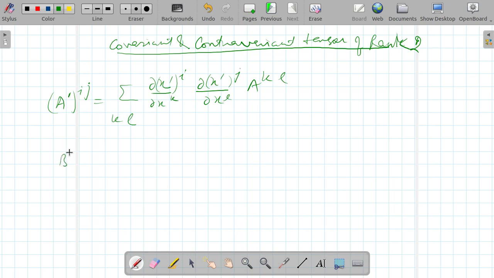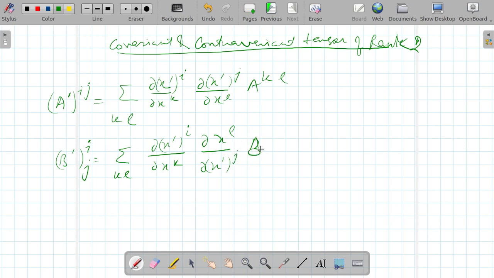Then B prime i j, with i in the superscript and j in the subscript, equals the sum over k and l of partial x prime i over partial xk times partial xl over partial x prime j times B k l.